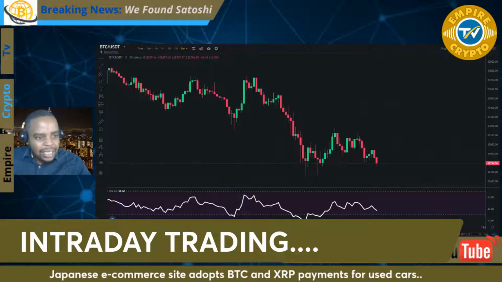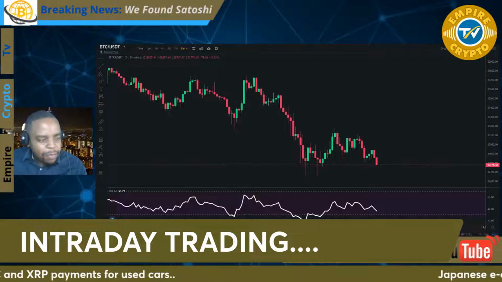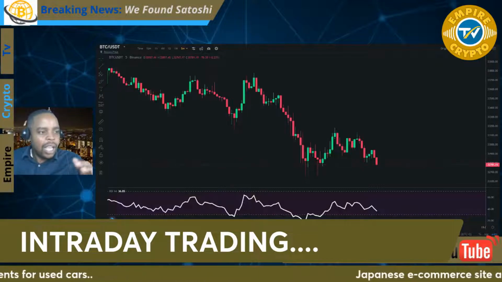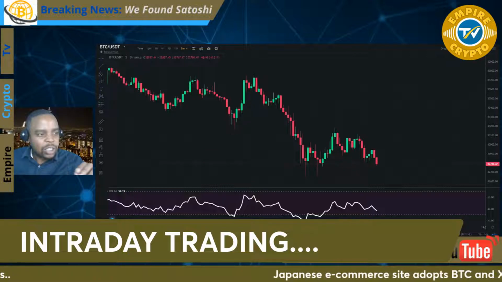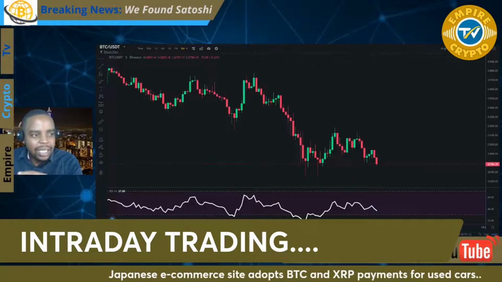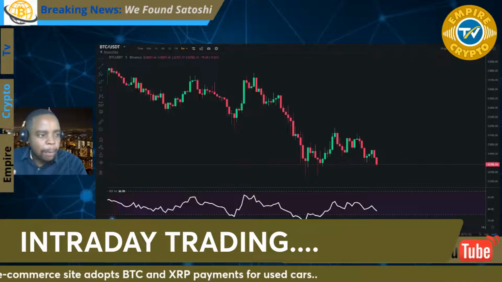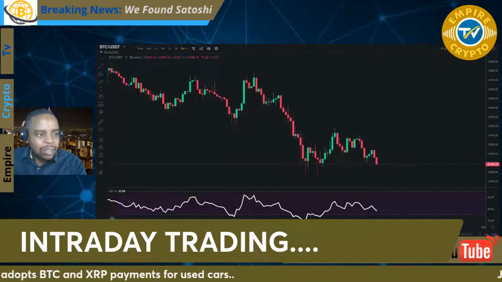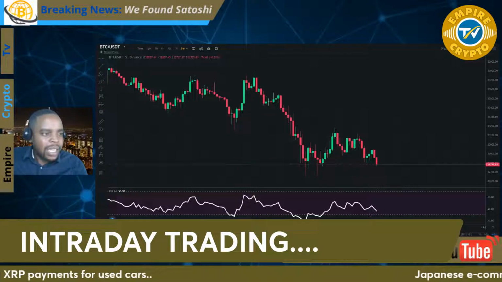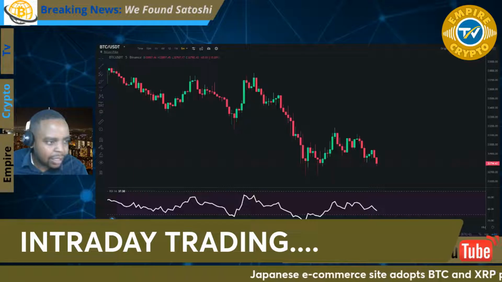But intraday trading, we're talking about this chart right here that I have on my side, which is a 5-minute chart, 1-minute chart, as small as 1 second charts. Those are all intraday time frames, but not daily charts. You can take from a 10 hour, 4 hour, all the way down to your 1 second chart.